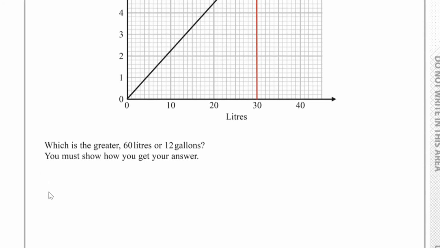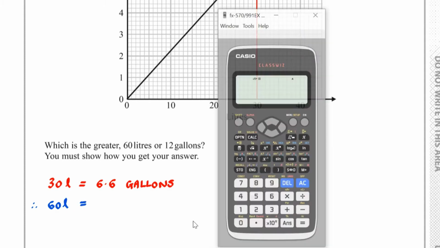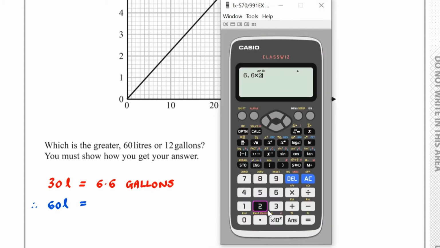So we know that 30 litres equals 6.6 gallons. And therefore, if I multiply this by 2, 60 litres is equal to, well, 6.6 times 2 is 13.2.